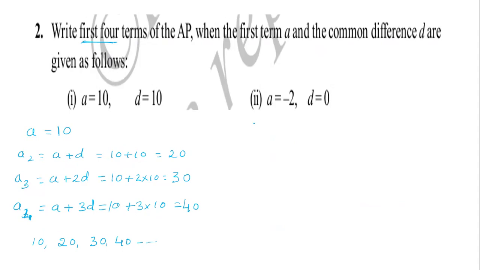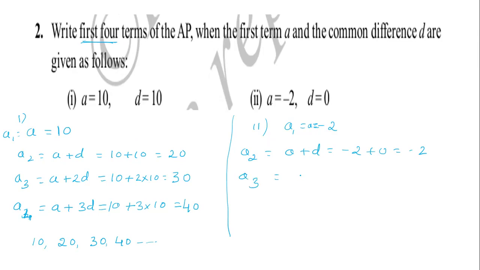Second one. A1 is equal to A is equal to minus 2. First term A is minus 2, A2 is equal to A plus D, minus 2 plus 0 is equal to minus 2.